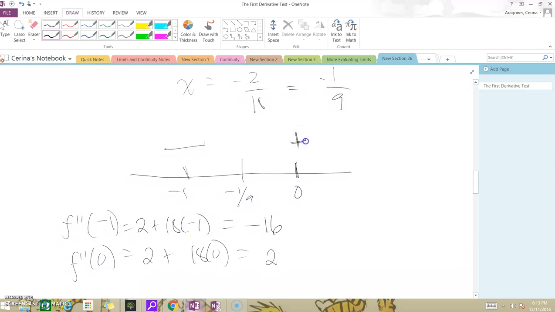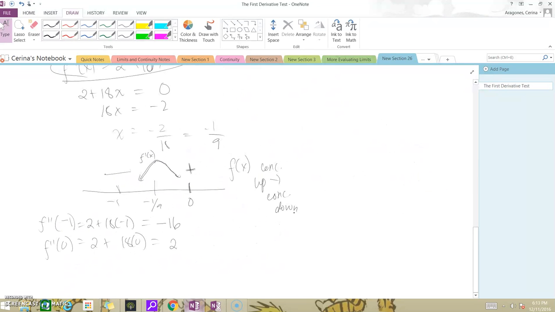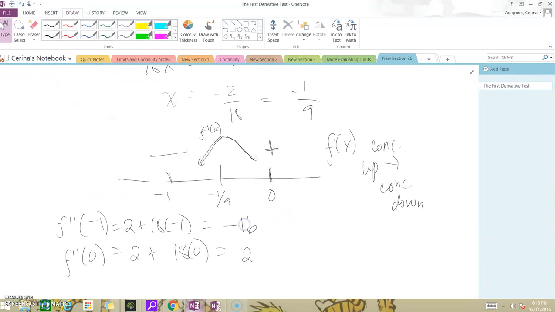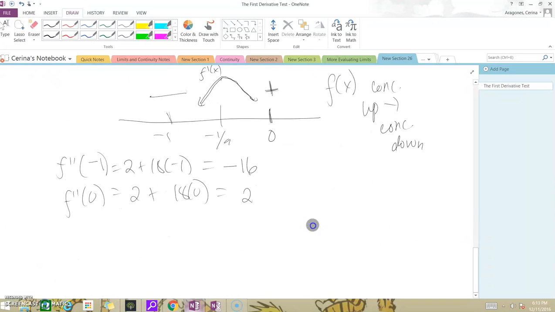It's a positive number. So yes, we do switch signs. We go from a negative slope to a positive slope. So our f prime is decreasing then increasing, meaning f goes from concave down to concave up. Okay, so this is how you use the second derivative test to see if you have a point of inflection.